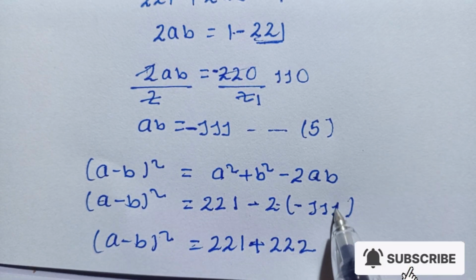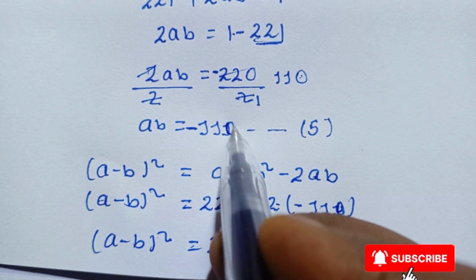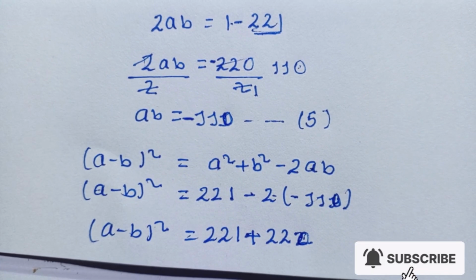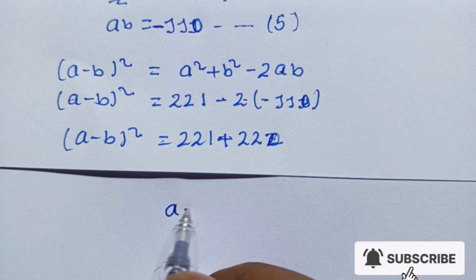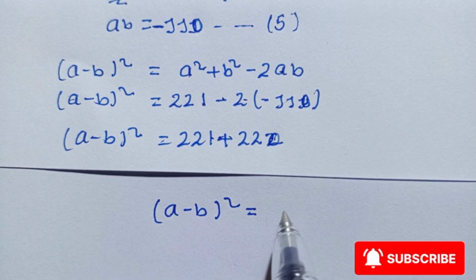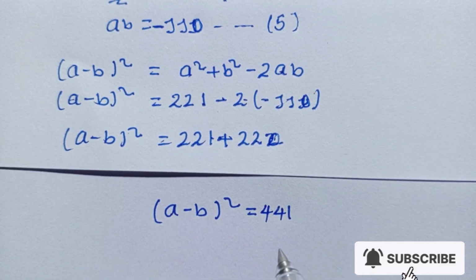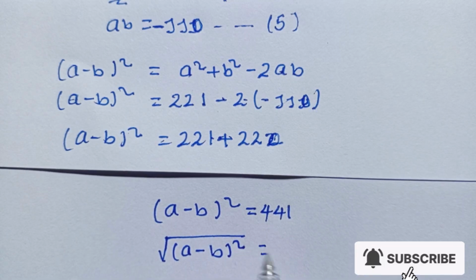Then under root, a minus b the whole square equal to under root 441.